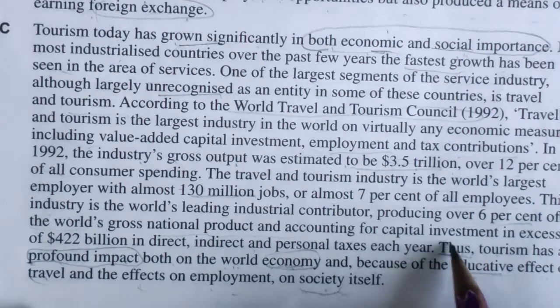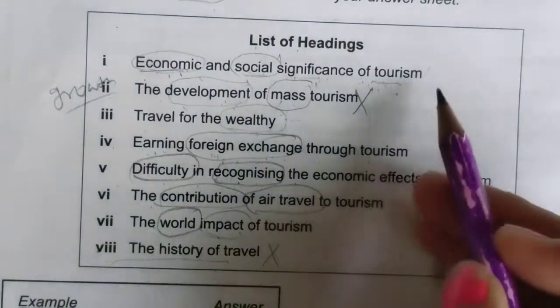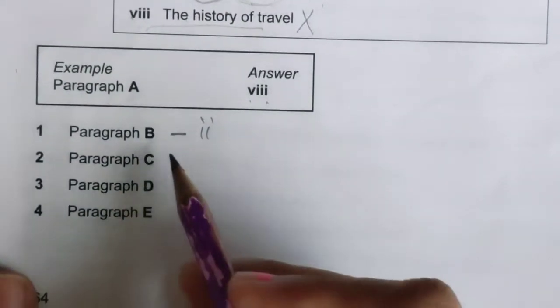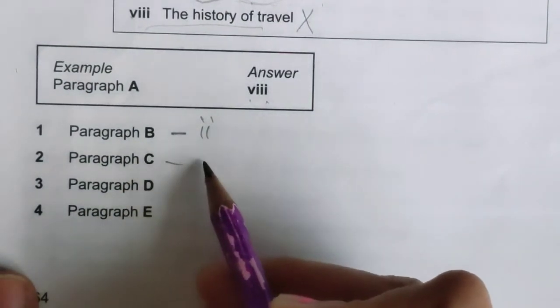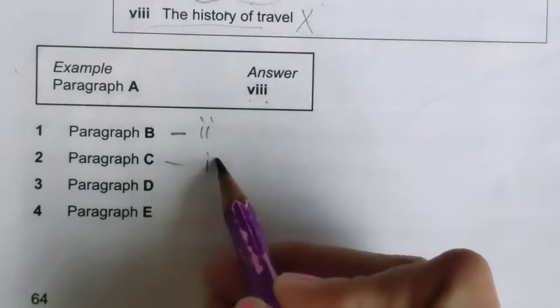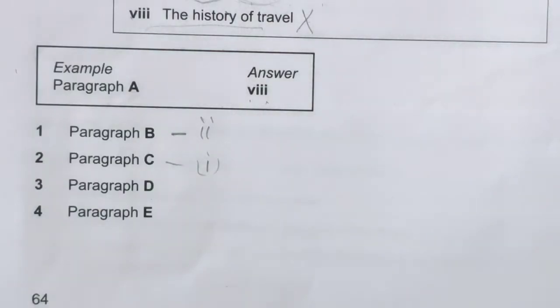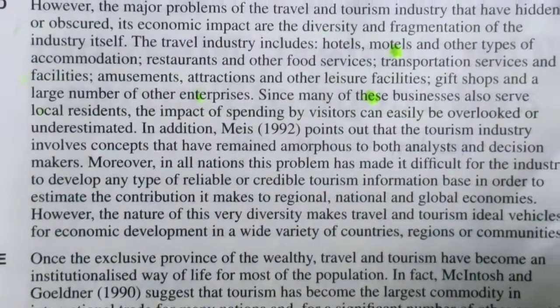So overall they are just talking about these two things. So let's write the answer for this and cut it from here. For paragraph C, we will be writing the first one here. Okay. Now paragraph D. Where is D? Yes, paragraph D is here.